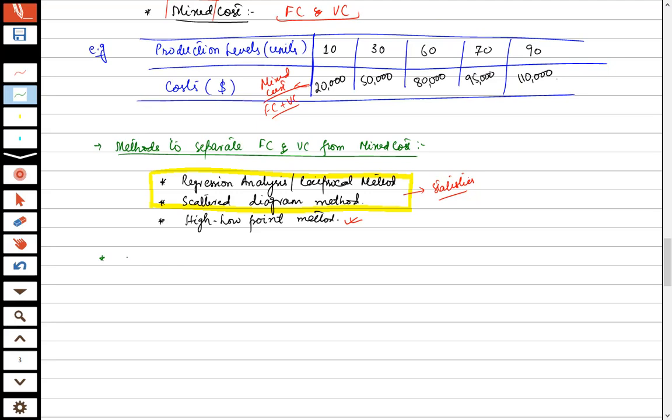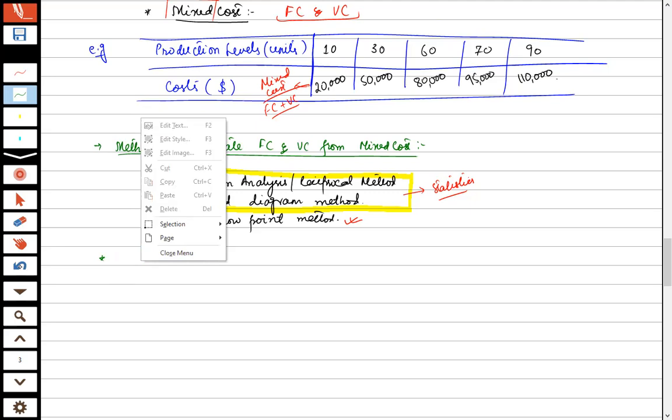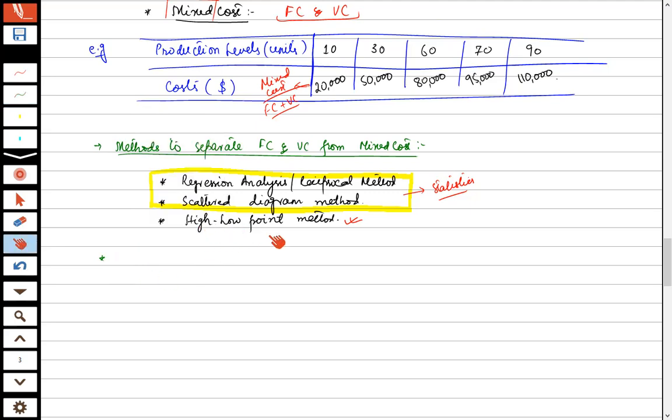Some organizations may call the dependent factor fixed cost, and some organizations may call the independent factor fixed cost. So on the basis of usage and complexity involved, these methods are less preferred. Now see the high-low method, and when we are done with it, you can recall these statistical methods. Then you will find it comparatively easy.